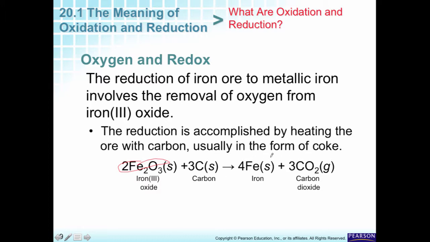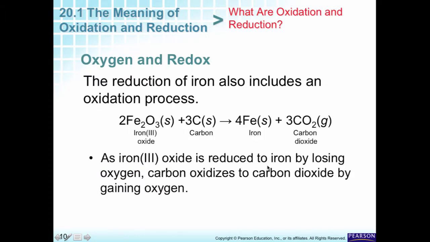So it's almost the opposite of the oxidation reaction. Okay, it also includes an oxidation process. The carbon oxidizes to carbon dioxide, because carbon has no charge, but you could think of carbon dioxide as having a charge of +4 with the oxygen.